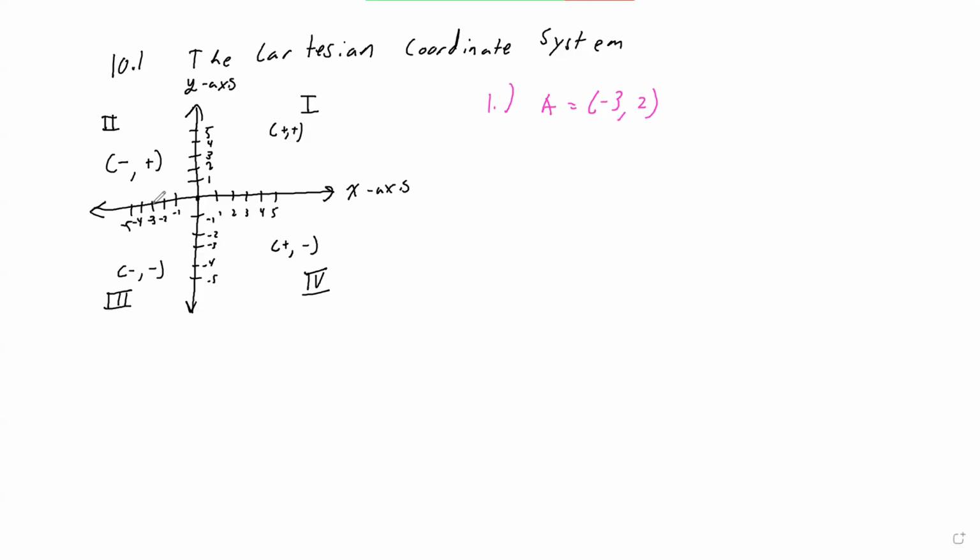So I'm going to go to -3 on my x-axis, which is located right here. I'm not going to put a point there. This is where I'm going to start. So I'm going to go on my x-axis to -3. And then my y value was 2. So then I'm going to go up to 2. So that right there would be my A. So I went over 3, up 2. Are we okay with that?